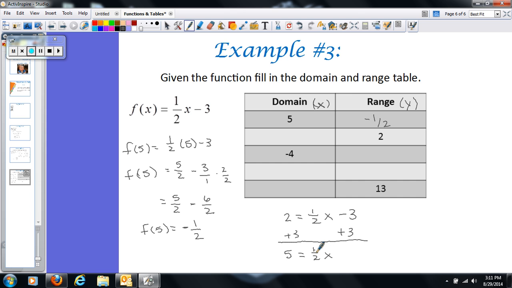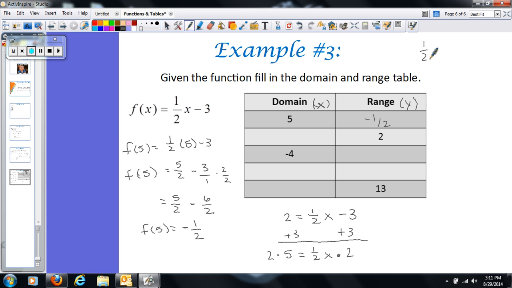So, instead of dividing by 1/2, I am going to multiply by 2. Whatever I do to one side, I must also do to the other.